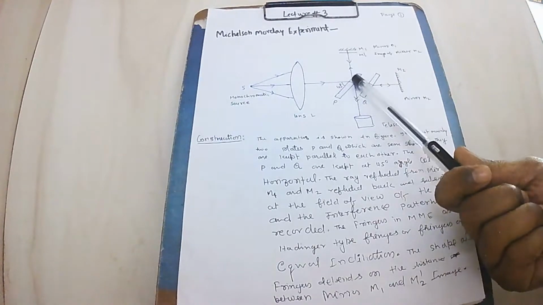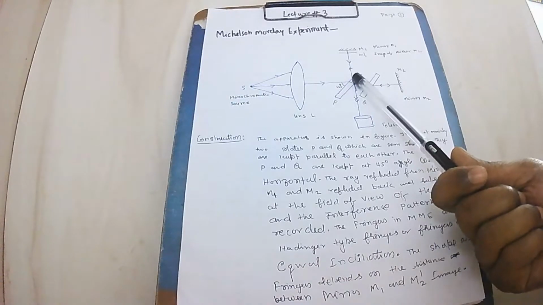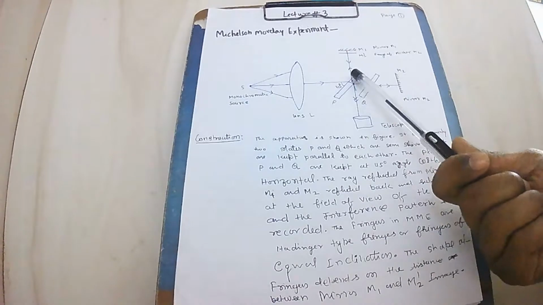Then it is incident on the mirror and gets reflected back.